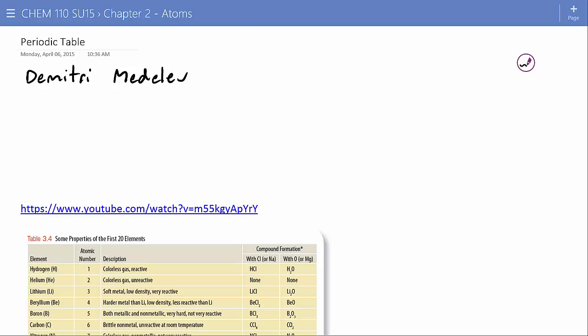And what he did was he had this big pool of atoms that we knew about. We knew about hydrogen, we knew about oxygen, and he began studying all of the different elements out there. Specifically, he tried to organize elements by their reactivity.